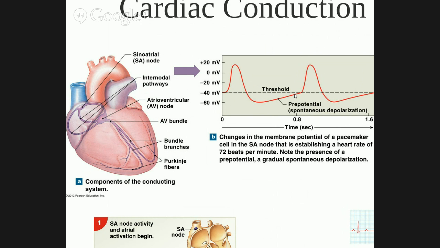If we wanted the heart to beat faster, then the spontaneous depolarization would occur quicker. And if we wanted it slower, the spontaneous depolarization would last longer. Okay? Just spacing out or shortening up the gaps between the action potentials. The 0.8 of a second here corresponds to your average resting heart rate of about 72 to 75 beats per minute.